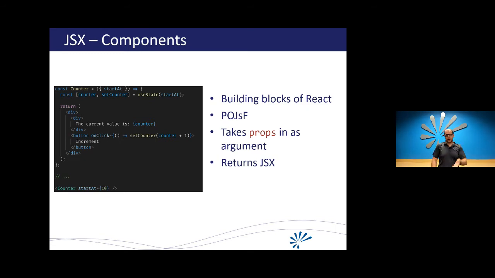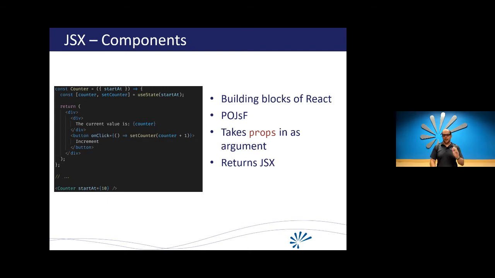So you can declare a function and then you use it just by using standard HTML syntax, and the name of the function is the name of the tag, and then all of the HTML attributes become properties in the props argument, and their value is whatever you set it to. You can use curly braces or strings, but it really just depends on if it's a hard-coded string or not. Most of the time you'll see curly braces.